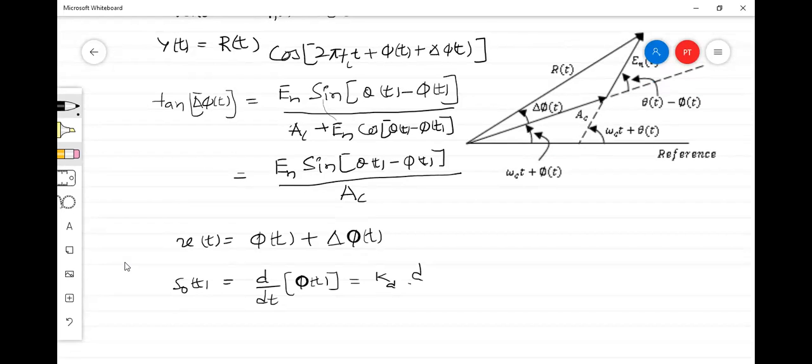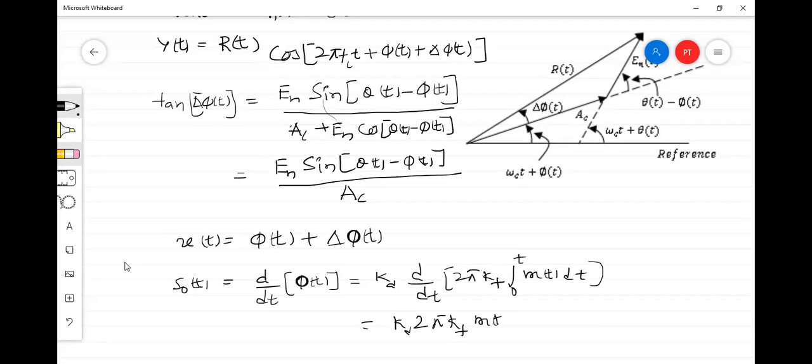And what is phi of t? Phi of t is 2 pi kf integral 0 to t of m of t dt. After differentiation, this becomes 2 pi kf into m of t.